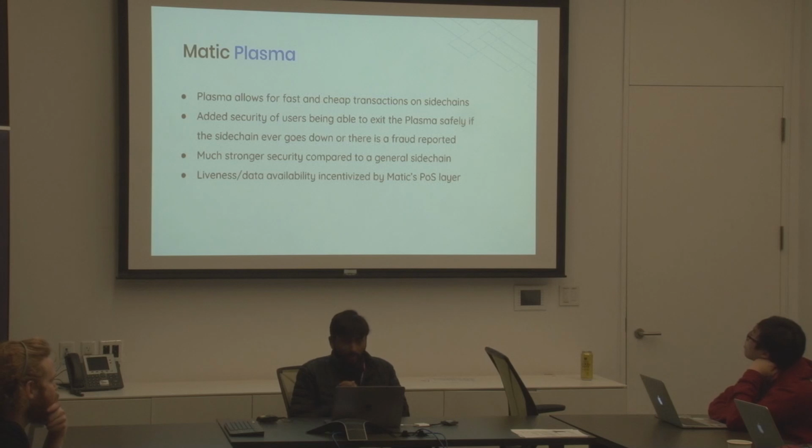We changed Plasma a little bit to provide EVM compatible Plasma. For that, we need to add multiple things at the receipt level. I don't know if you all know how the EVM works, but it has a receipt in transactions, where you can define data as a kind of logs.